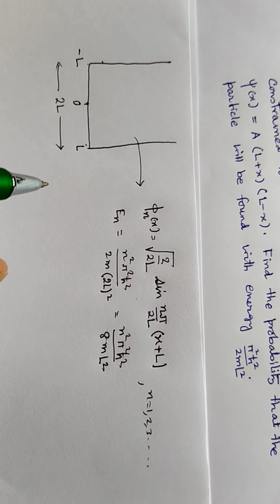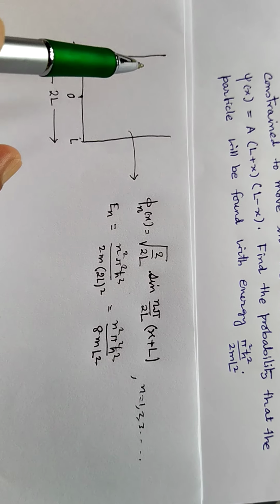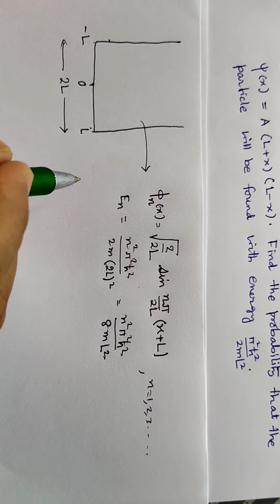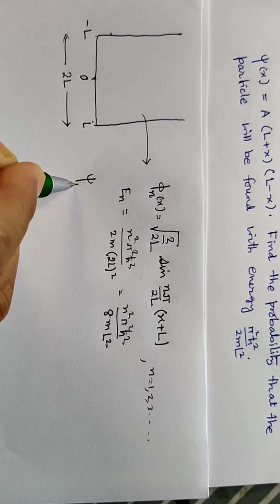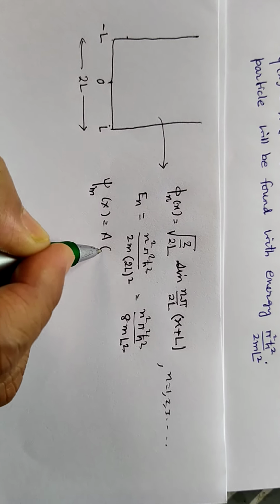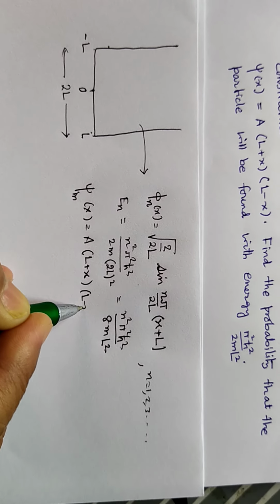Now you are given that initially the particle is prepared in this box in such a way that the wave function takes the form this. So psi, this is the initial wave function, okay, that is given as A times (L minus x) into (L plus x).